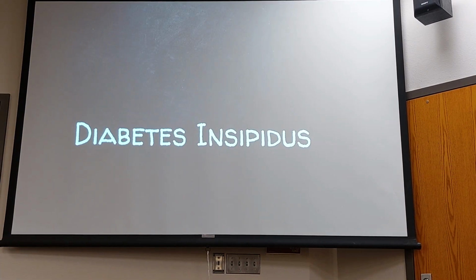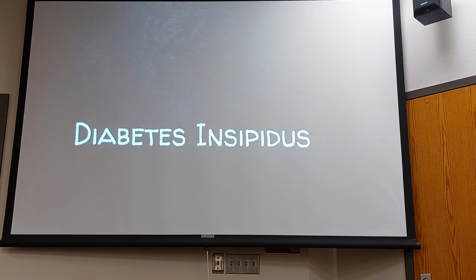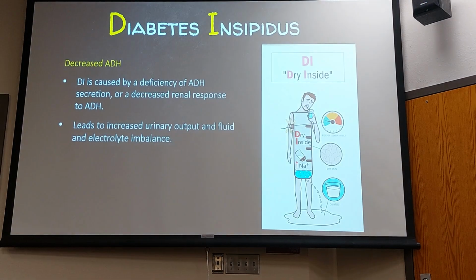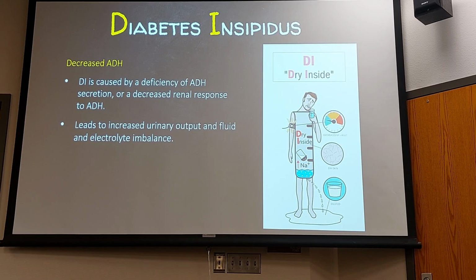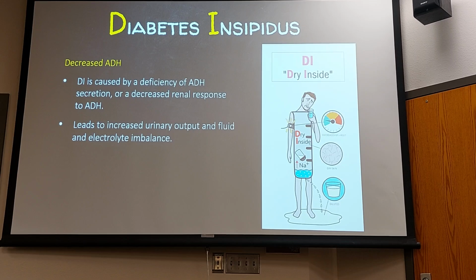Okay. Diabetes insipidus. So now we're going to swing the other way. Just because it says diabetes doesn't mean we're really talking about blood sugar here. Okay? We're talking about antidiuretic hormone. Dry inside, so not enough ADH, right? Deficiency, or it could be because of a problem in the pituitary or a decreased renal response to it.